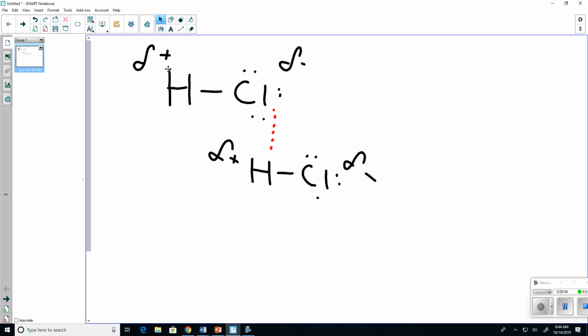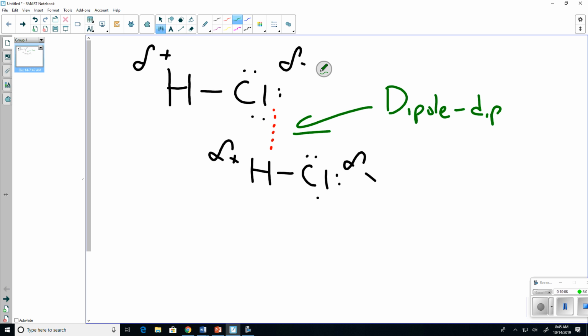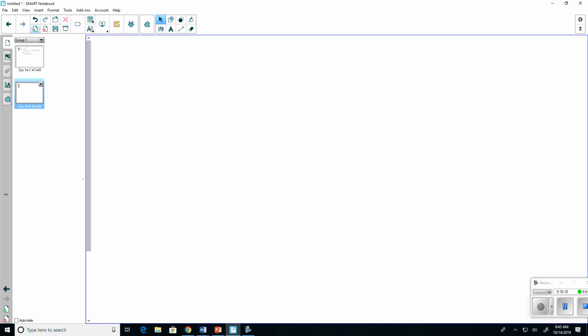Ready to move on to hydrogen bonding? So again, I'll even label this as dipole-dipole. The best example for hydrogen bonding is water.